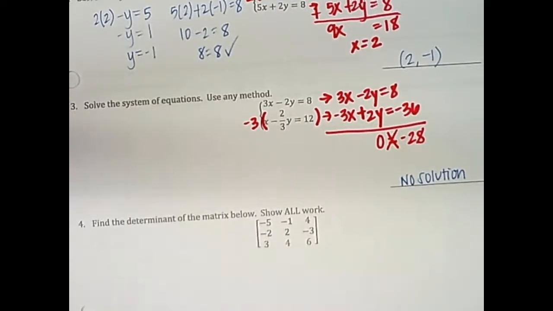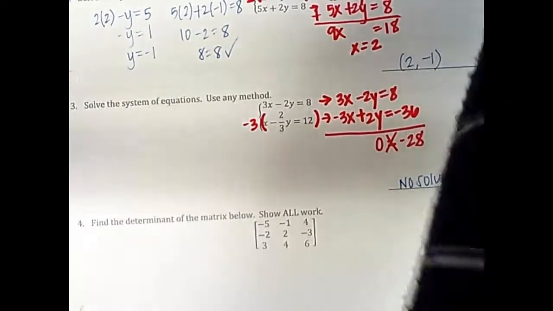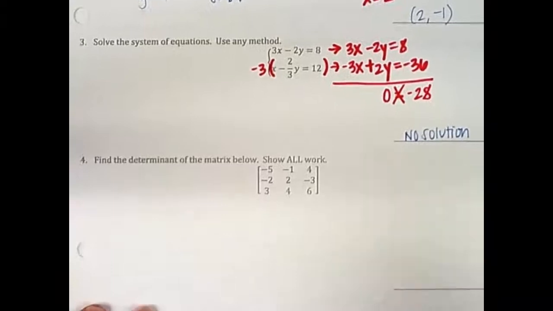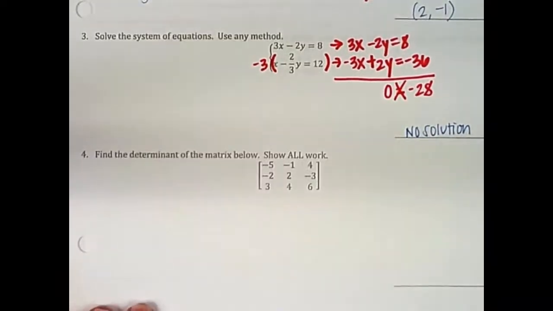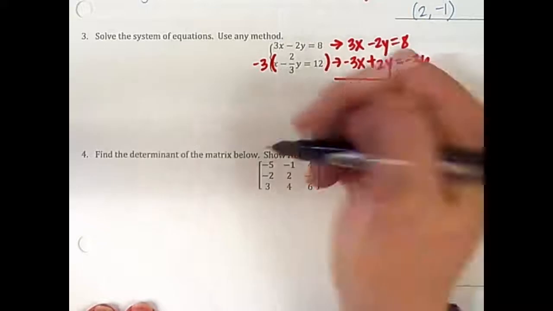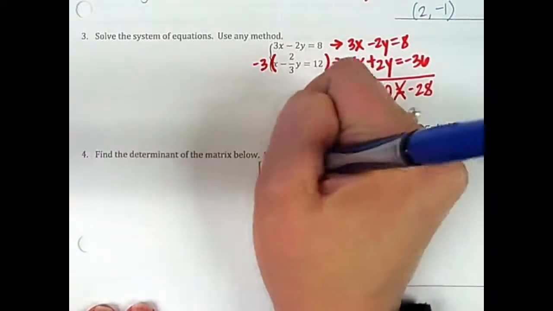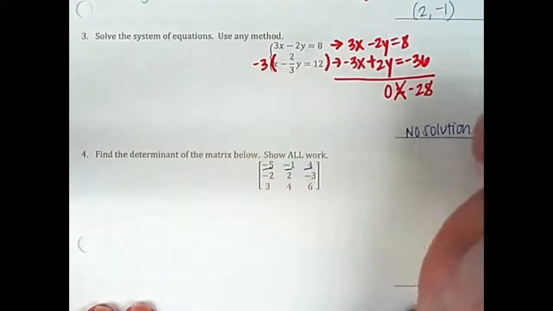Okay, let's continue on with number 4. Find the determinant of the matrix below. Show all work. Okay, so with this one, since you have a 3 by 3, you split up your matrix into 3 different 2 by 2s using our -5, -1, and 4.